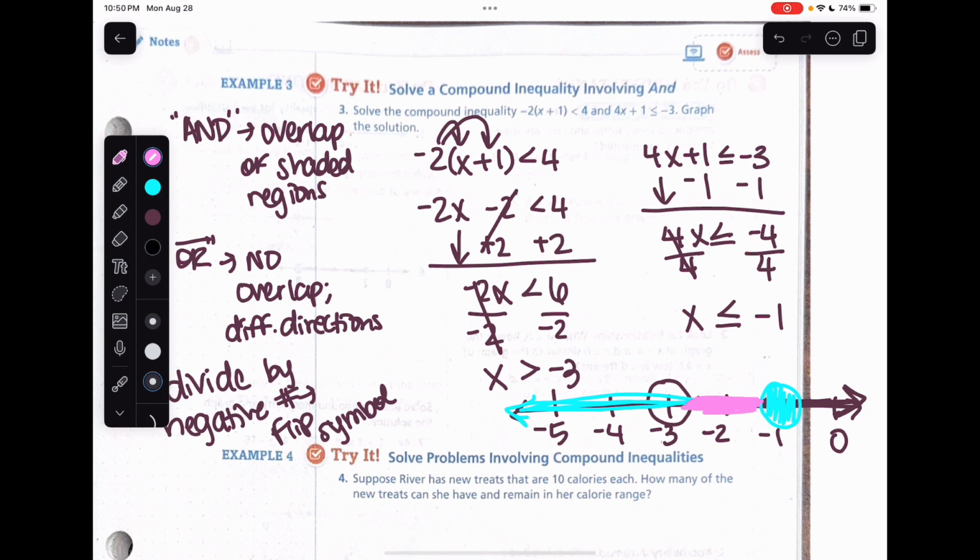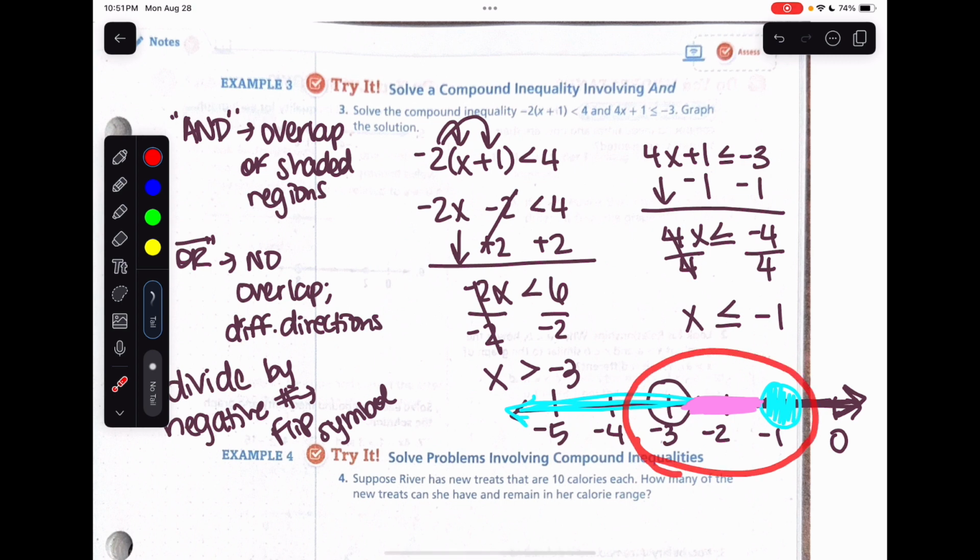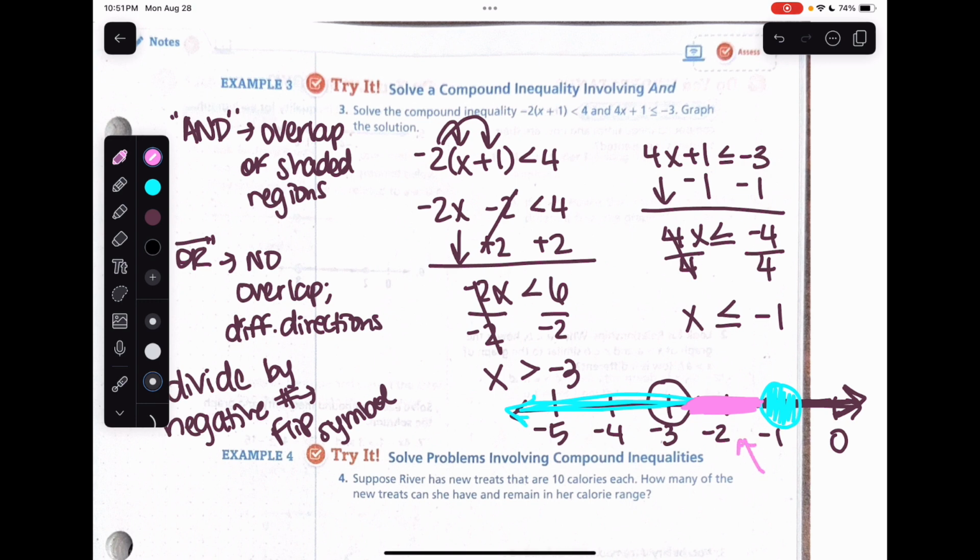These are where my solutions are for x, the overlapping section. This is what I've been talking about, where for the 'and' you have these overlapping shaded regions. This is my solution here. I'm going to identify that right here. So the pink is where my solutions are. Okay, those overlapping sections. It's a good question.